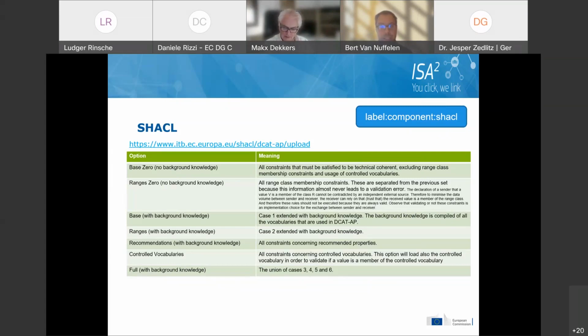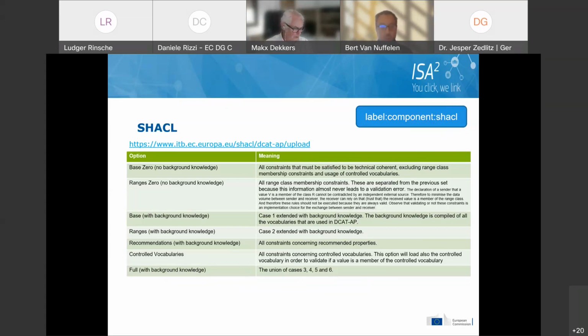And one of the elements in the long discussion we had was that ranges often are inferred or assumed to be holding, and this is kind of separated. Now you can choose to validate with ranges or without ranges.